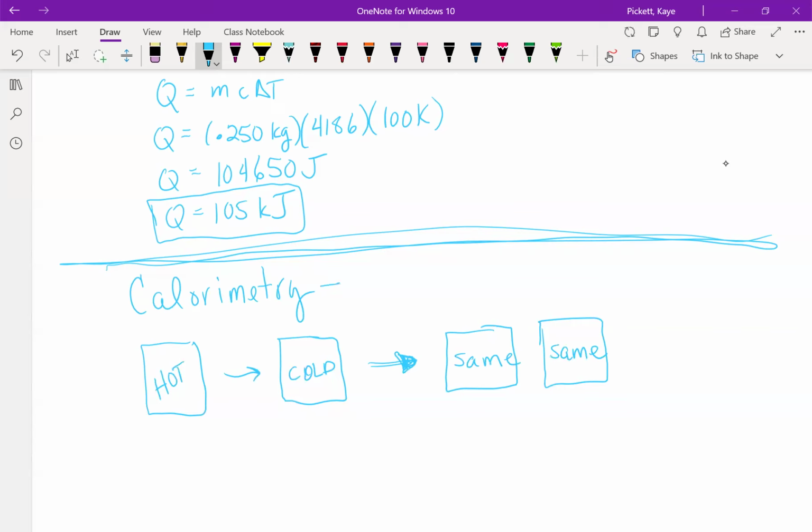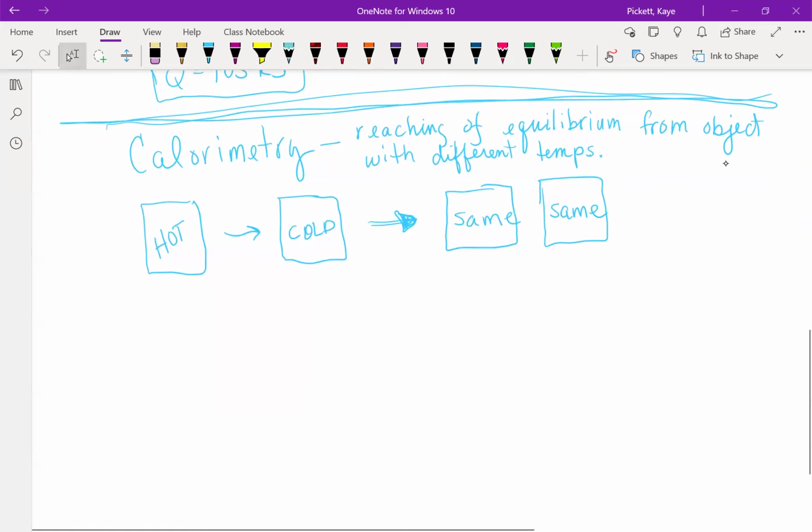So calorimetry is the reaching of equilibrium from two objects or more with different temperatures. And to do this, we're going to use conservation of energy, because calorimetry is basically conservation of energy.